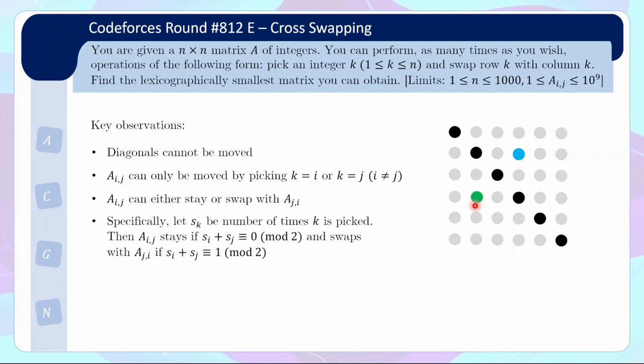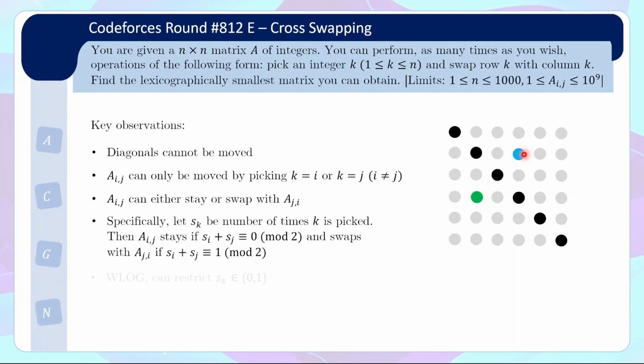And this is a very powerful observation because there are two corollaries from this. Firstly, the order in which you pick the pivots does not matter. Ultimately, you just need to count how many times i is picked and how many times j is picked, and you will know whether the blue number is now at the green spot or still at its original spot.